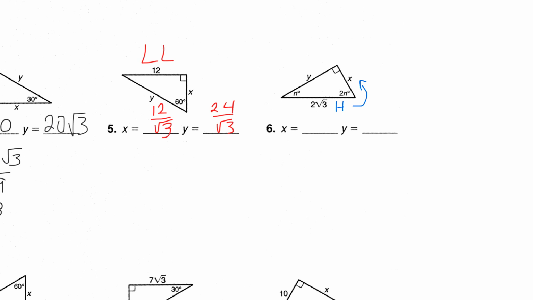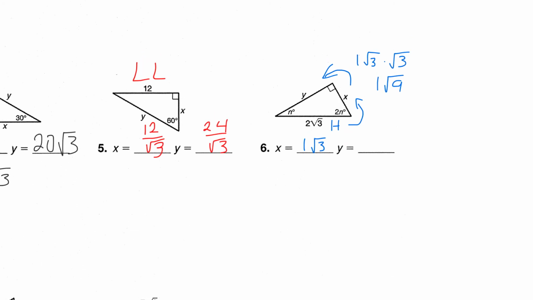So 2 square roots of 3 cut in half is 1 square root of 3. And then from here to here, it's times the square root of 3. So 1 square root of 3 times the square root of 3 is 1 square root of 9, which goes back to 3. So it's 3.